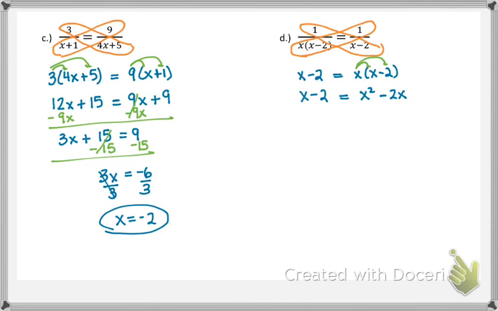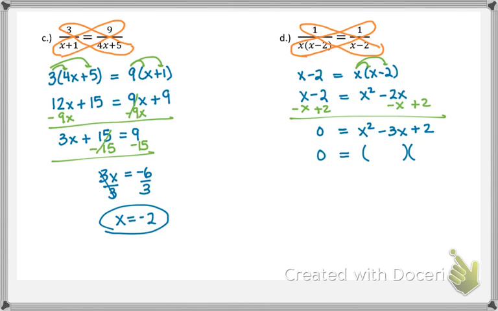So I'm going to move everything to the right side so that this 1x squared stays positive. Okay, so I'm going to minus x, and I'm going to add 2. So I have 0 equals x squared minus 3x plus 2. And now I'm going to factor.